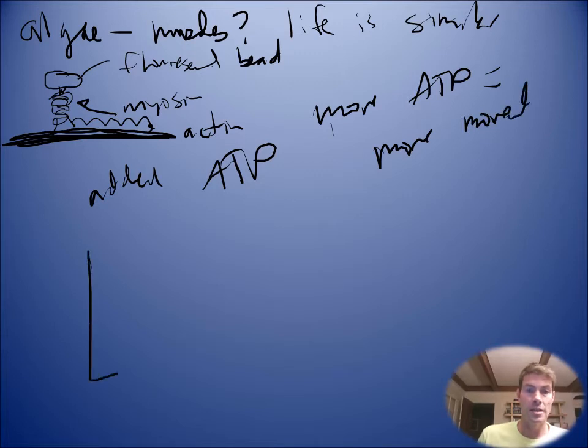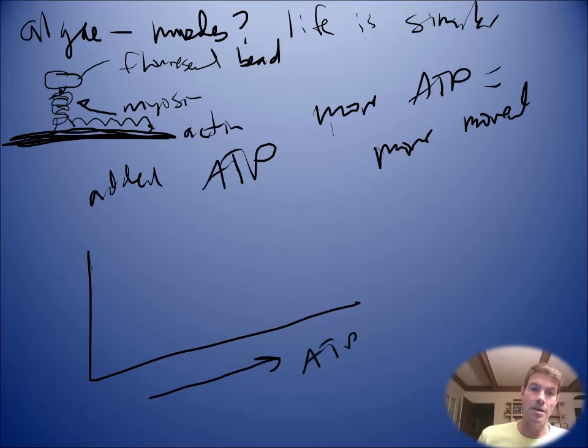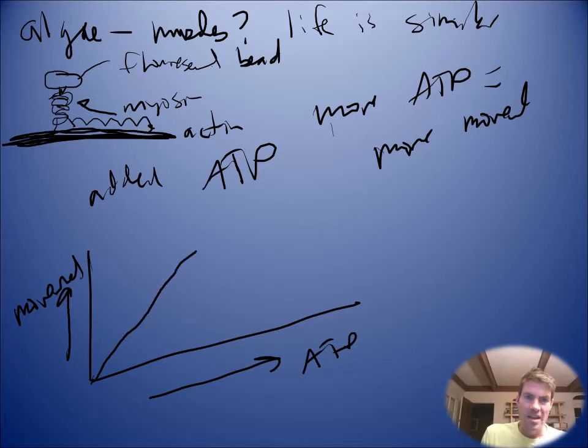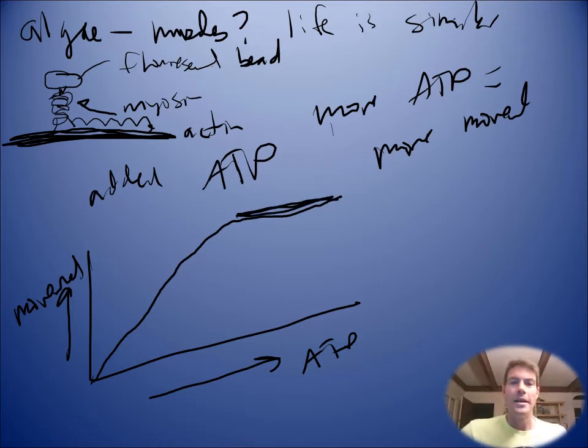If you check this out in your book, this is increasing ATP, and this is increasing movement. As you increase the ATP, you increase the movement until you finally hit a plateau. It plateaus because you exhaust it. There's not any more myosin here.